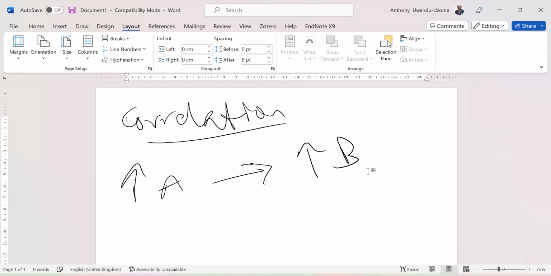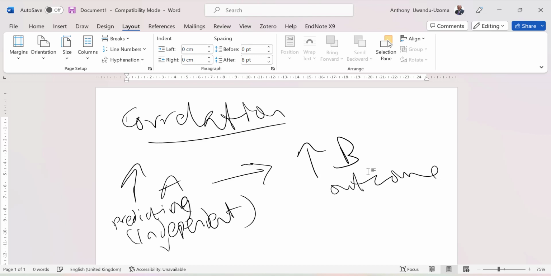All right, so every research has an outcome variable, and you also have the predicting variable, or predictive variable, which you call the independent variable.